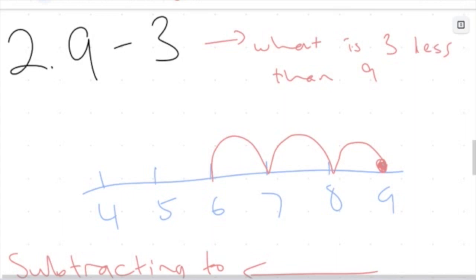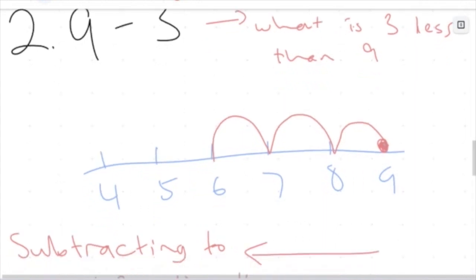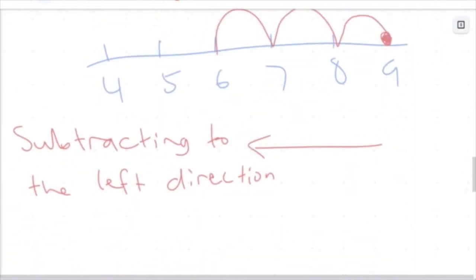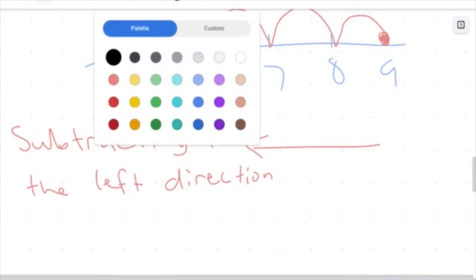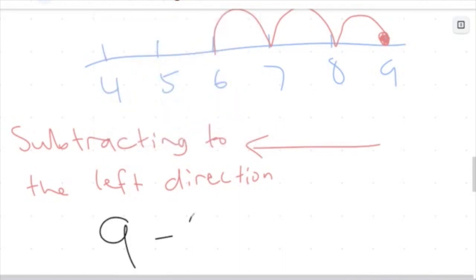That's what I found when I visualized this on my number line. So what did we find? Well, we found that 3 less than 9, or 9 subtracting 3 from that, gives me 6. That's where I end up. So that's just a really quick summary of subtracting numbers.